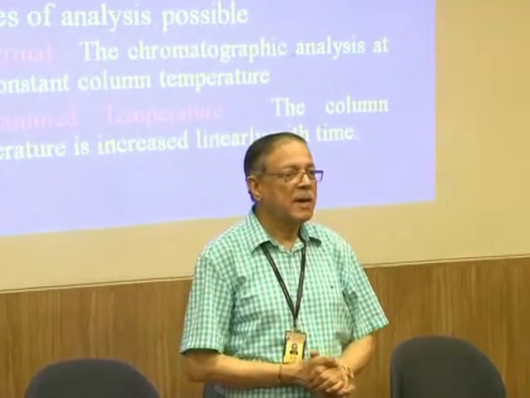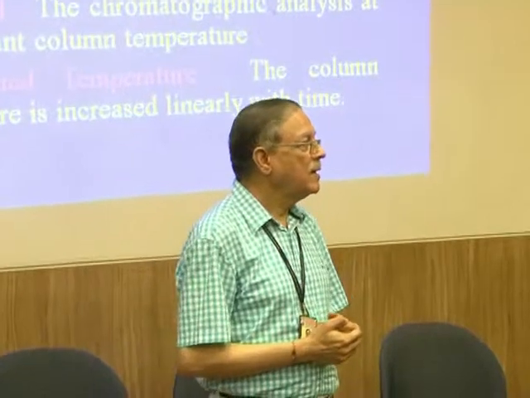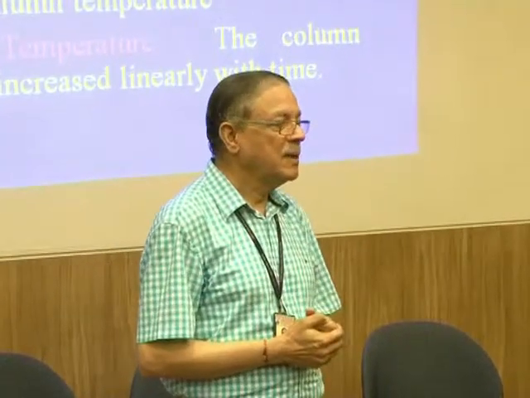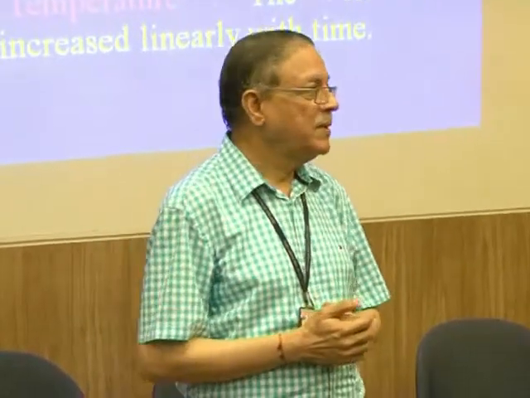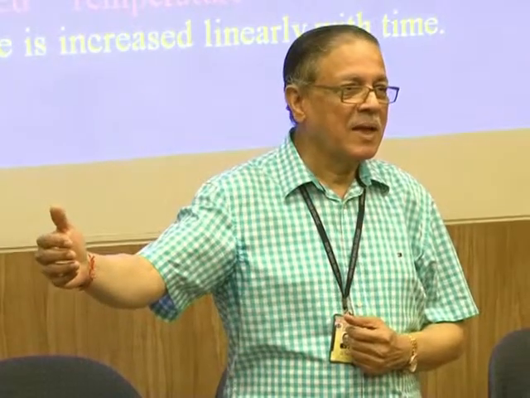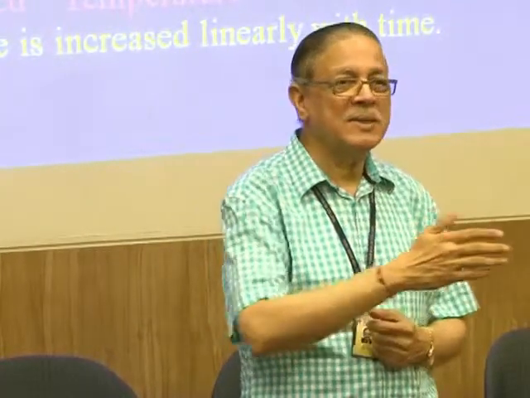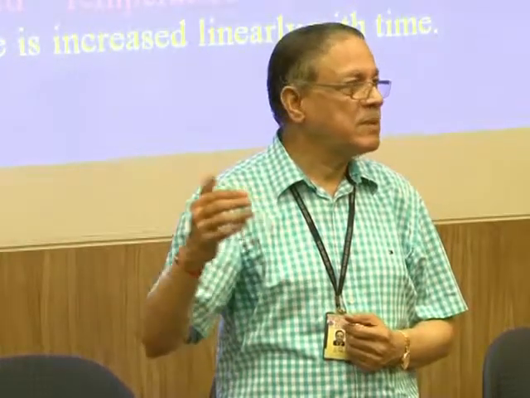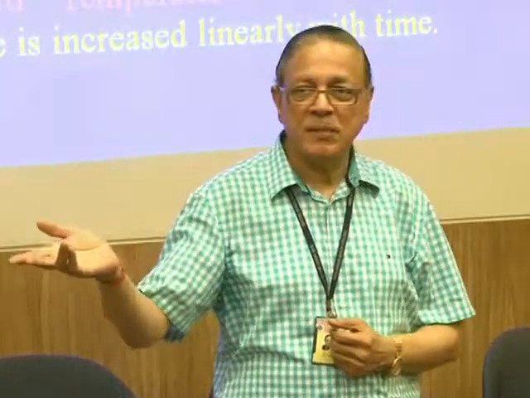So you say up to 110 degrees per minute. After the first solute is eluted, then make it 15 or 20 degrees until it reaches 100 in the next 10 minutes. And therefore, the entire analysis, which was taking much longer in isothermal, can be done through temperature programming in a shorter time.